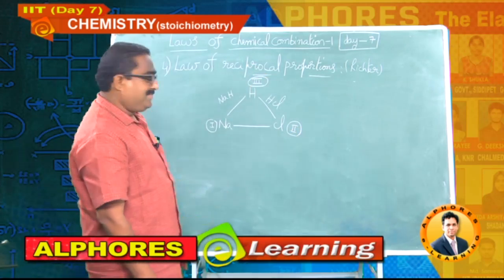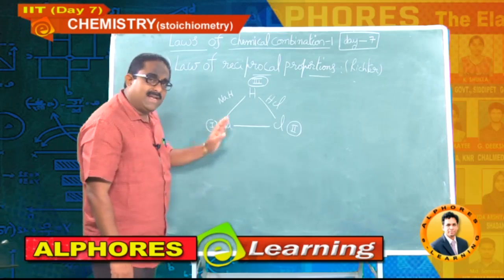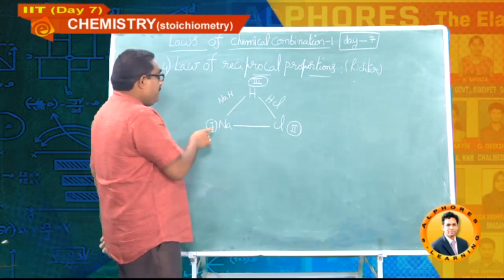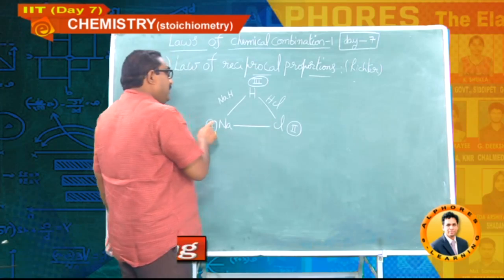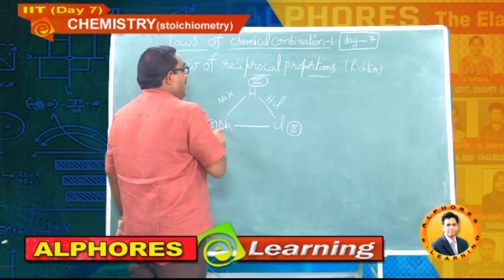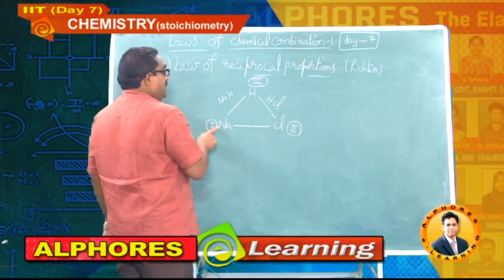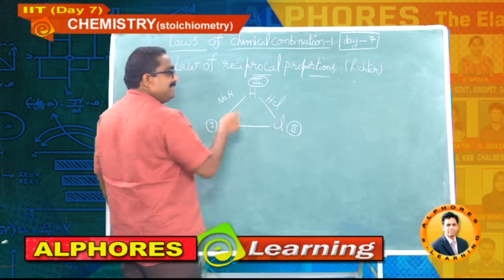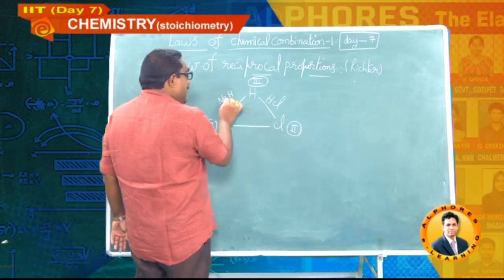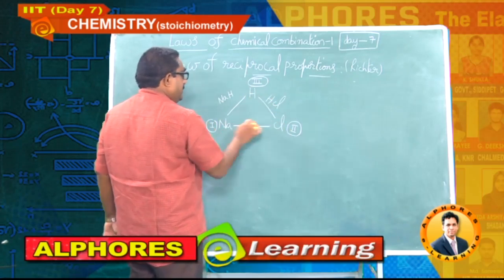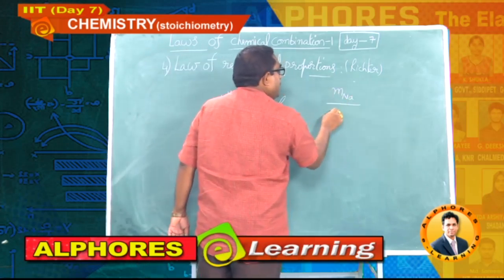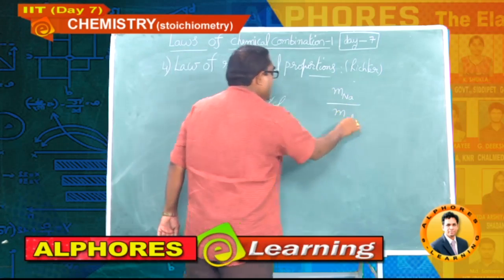It's very simple. With the example we can understand very easily. I am repeating the last statement again. If two elements combined separately with the third element, NaH and HCl, the mass ratio of two elements, I am writing here, mass of sodium divided by mass of chlorine.